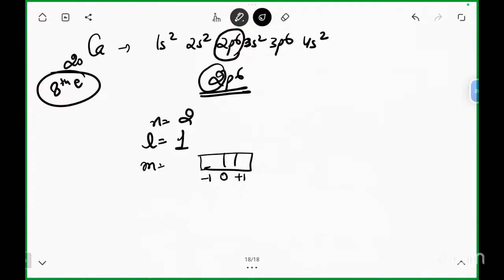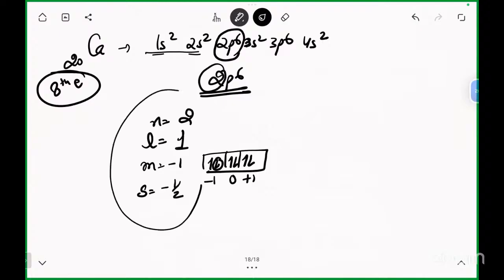I'm doing it again so that there will be no confusion: 0 plus 1 minus 1, then the 5th, 6th, 7th, 8th, 9th and 10th electrons. The 8th electron has minus spin, so s will be minus half. So this is the quantum number.